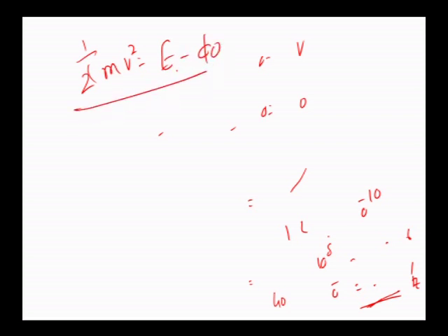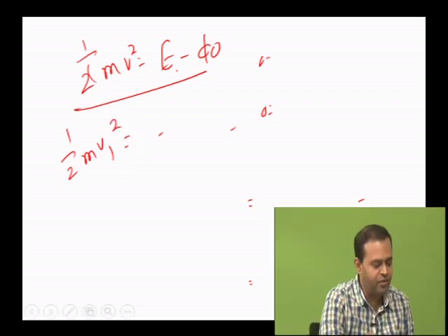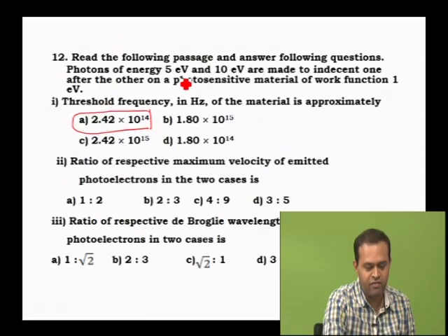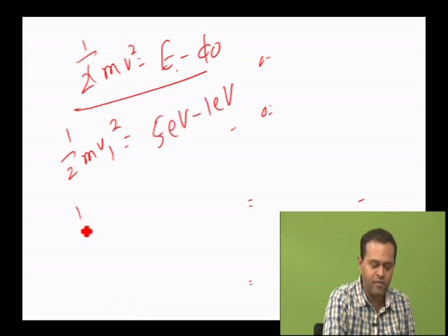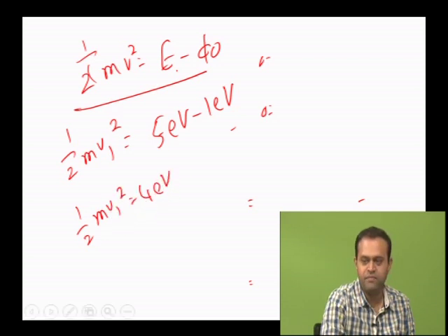Let us use this formula, one step answer. Now first part is half into m into v1 square is equal to energy, in first case 5 electron volt, work function 1, therefore it is 5 electron volt minus 1 electron volt. Correct? Therefore half into m into v1 square is equal to 4 electron volt.